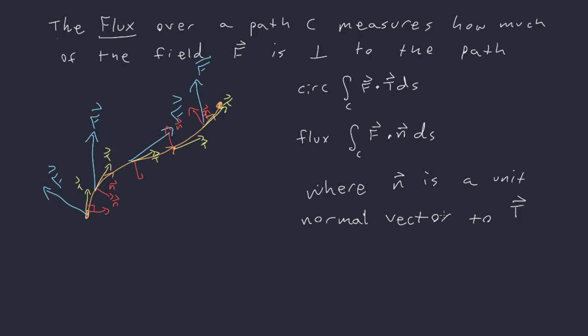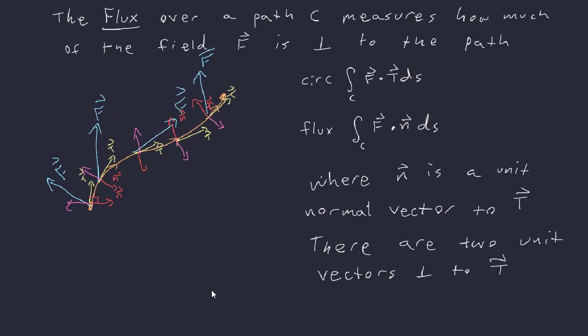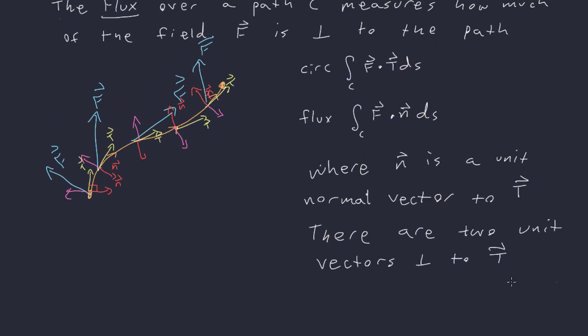You might be wondering, which N are we talking about? There are two unit vectors that are perpendicular to T. For each little N I drew here, I could draw another one that's the negative of it. So which one are we talking about? By convention, the way I like to think about it is, if we create a path that's counterclockwise and encloses a region, we want the N that points outwards.